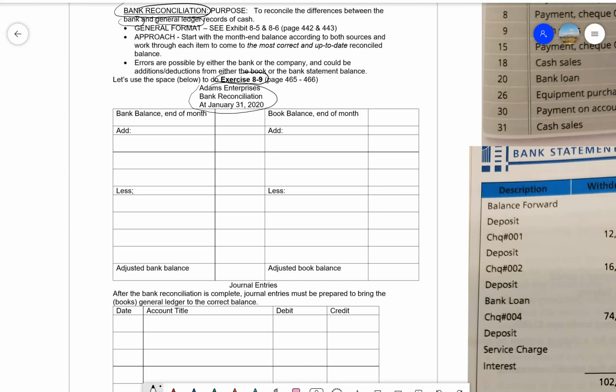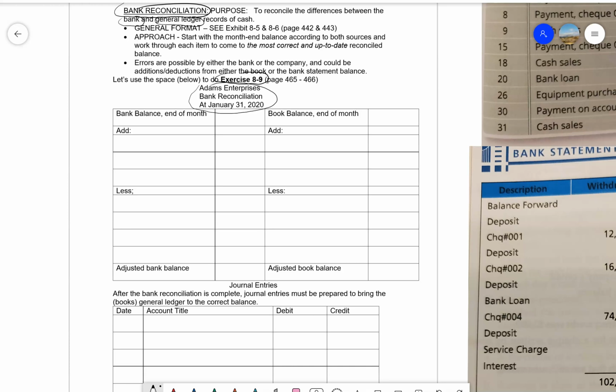The purpose of the bank reconciliation is to make sure that we identify any differences. Usually the bank statement balance will be different from the cash general ledger balance, and the reason for that is due to timing differences. You write a check from your bank account and send it to your supplier who's based in Toronto.